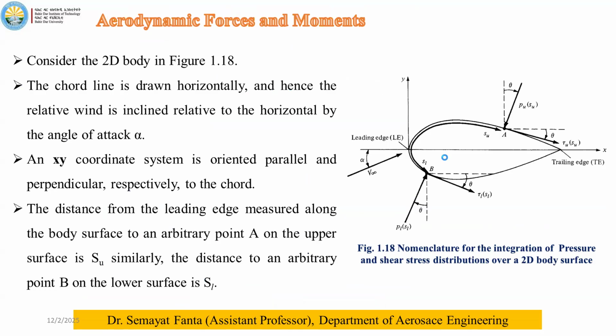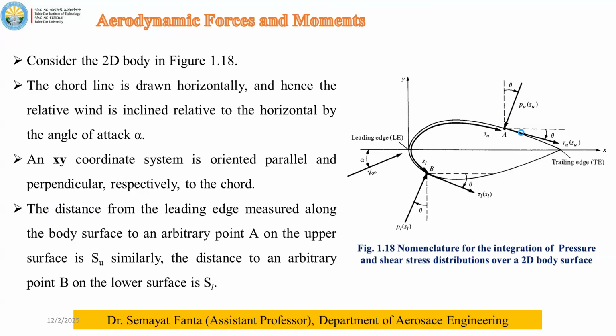Look, as I told you, starting from some point, we can trace all the surface, okay? The upper part is S_U, the surface at the top part. The lower surface is represented by S_L. At any point on the surface, pressure is acting perpendicular, and the shear force is tangential at the upper surface.